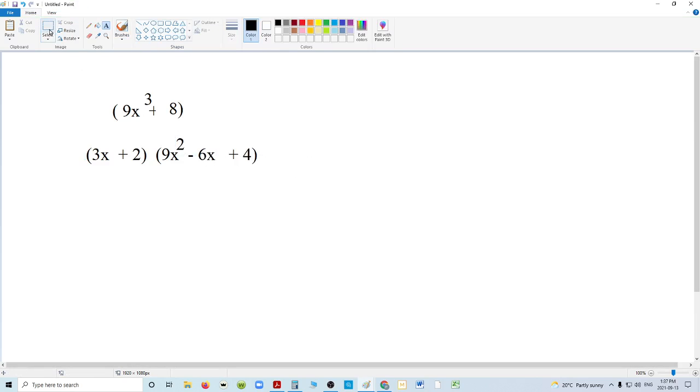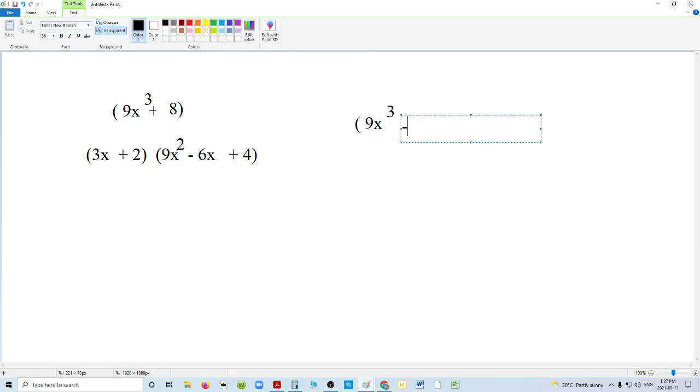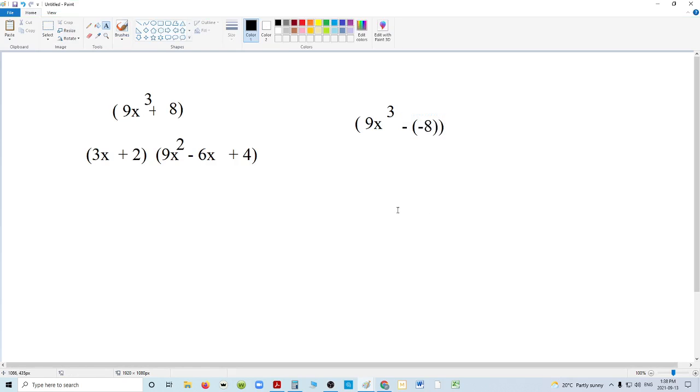But plus 8 here is the same as, instead of plus 8, I'm going to put a minus 8. That's the same as plus 8, minus 8.